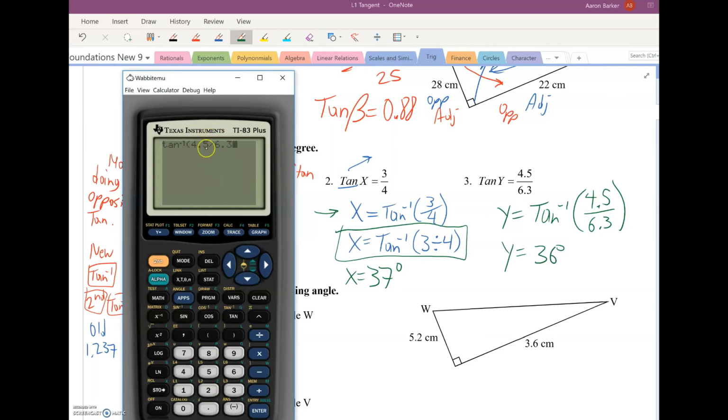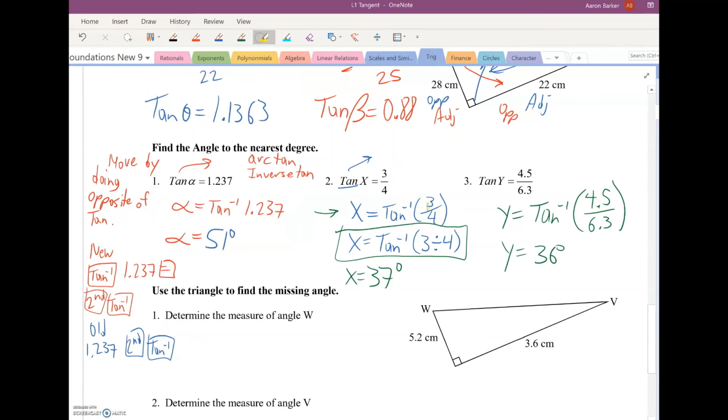I need to tell my calculator, do that division first. So closing bracket. Now I'm telling my calculator, do that division first, and then find tan negative 1. Calculator, you're not stupid. You're a good calculator. Press enter. Good, 36 degrees. Okay. So you got to make sure you use your brackets. Now in the olden days, we would have to turn these into decimals.